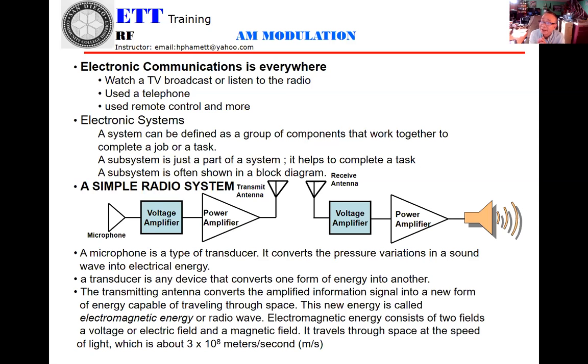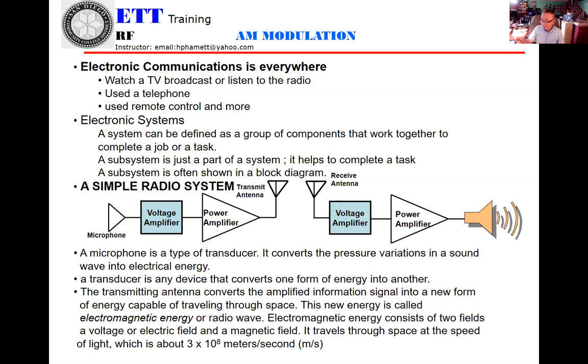The system can be defined as a group of components that work together to complete a job or a task. A subsystem is just a part of the system. It helps to complete a task. A subsystem is often shown in a block diagram.